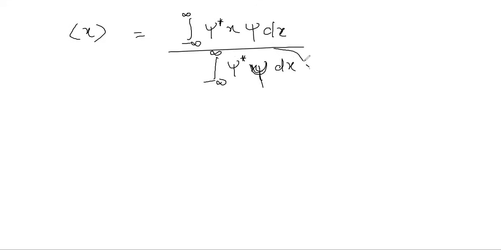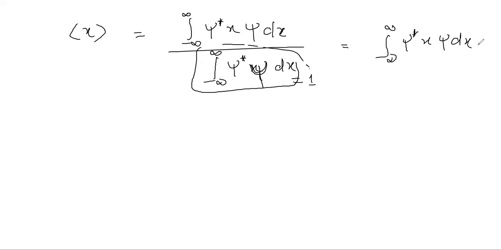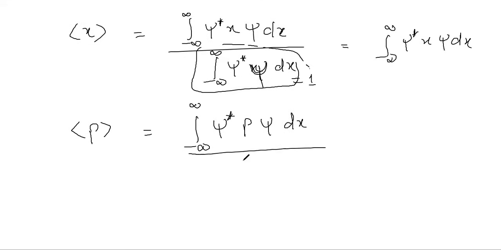If you have already normalized your wave function, then the denominator is equal to 1, and this would be simply equal to the integral from minus infinity to plus infinity psi star x psi dx. If you want to calculate the expectation value of momentum now, it will be the integral from minus infinity to plus infinity psi star p psi dx. And if the wave function is not normalized, then you need to calculate this denominator also.